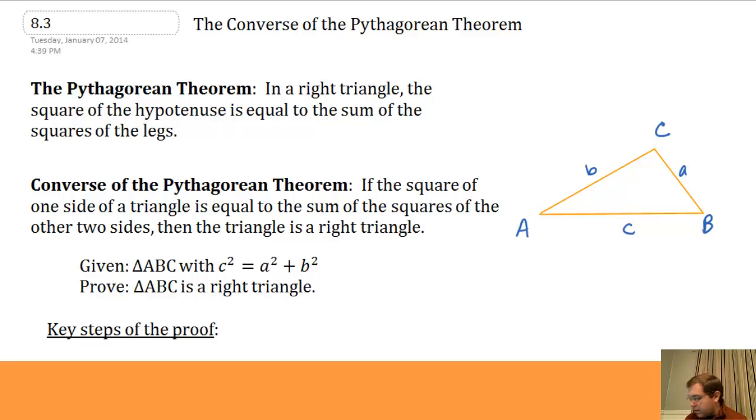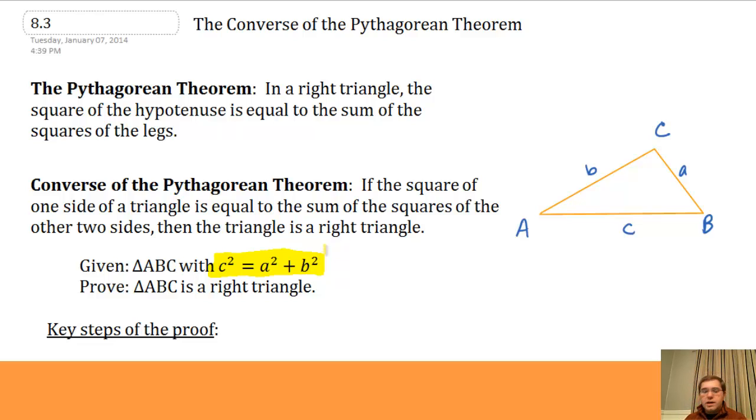So we start with a picture that is nearly identical to the picture we started with for the Pythagorean theorem, except that we don't know that we have a right angle. So I don't have any right angle marked on there. But in my picture, I'm given this information, that when I take C and square it, that's the same as taking A, squaring it, and B, squaring it, and adding them together.